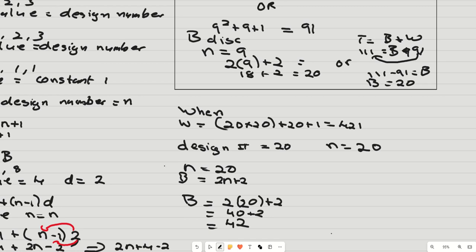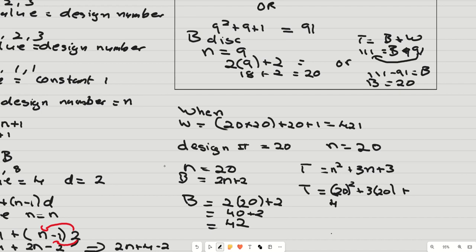All right. And then we can find out your total by using the formula n squared plus 3n plus 3. We know n is equal to 20, so T is equal to 20 squared plus 3 by 20 plus 3.